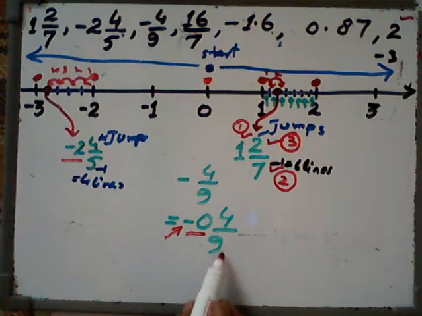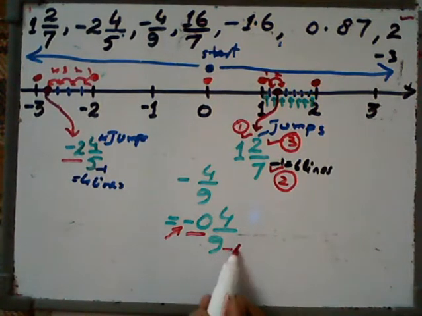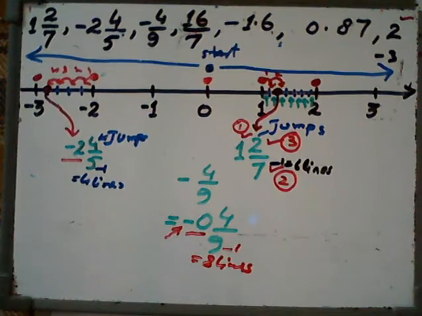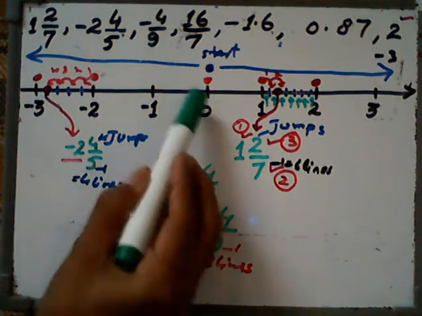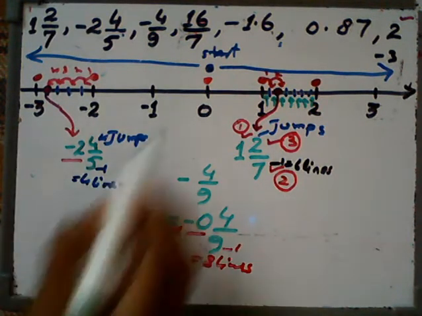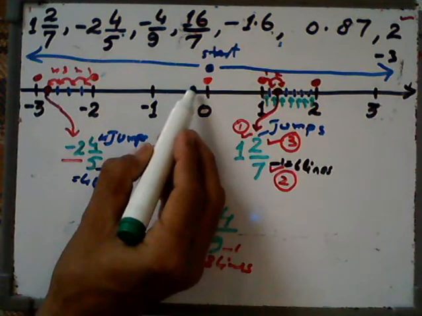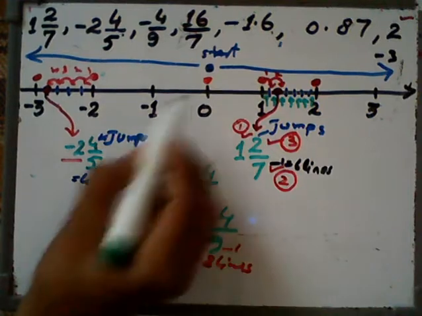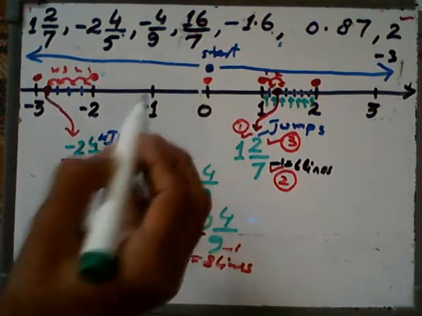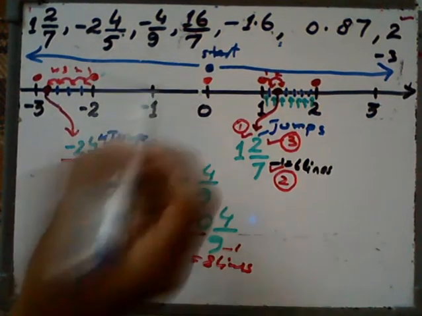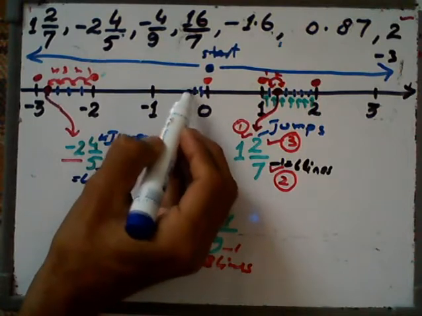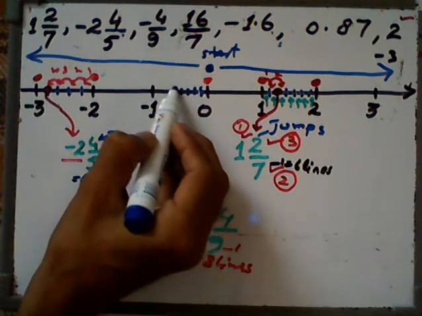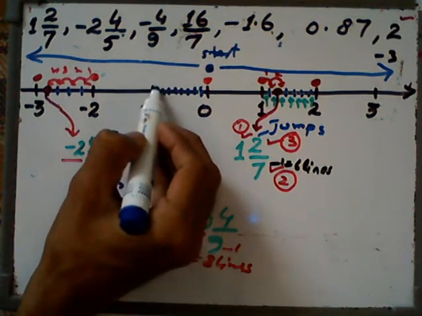So the number of lines, which is 9 minus 1, means 8 lines. These 8 lines will be made towards the negative side. That's why we'll be drawing 8 lines towards the negative side, not on the right side, because of the minus sign. So we are drawing the number of lines: 1, 2, 3, 4, 5, 6, 7, 8.